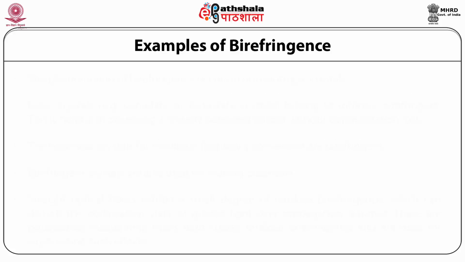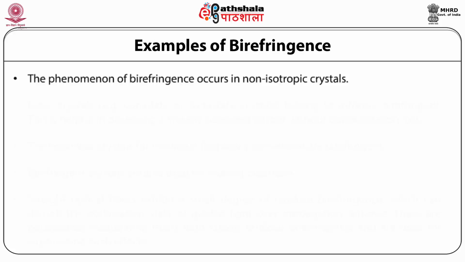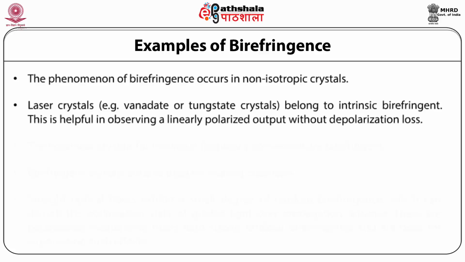Examples of birefringence. The phenomenon of birefringence occurs in non-isotropic crystals. Below are a few examples. Laser crystals, including vanadate or tungstate crystals, are intrinsically birefringent.